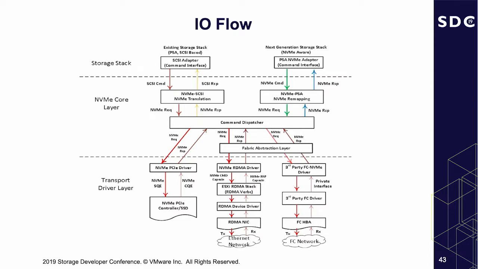The command dispatcher is able to handle that kind of muxing. On the south side, it's able to dispatch the commands to either the NVMe PCI driver, or encapsulated for RDMA or Fibre Channel. And in this model, we are able to have all of these transports up and running at the same time.